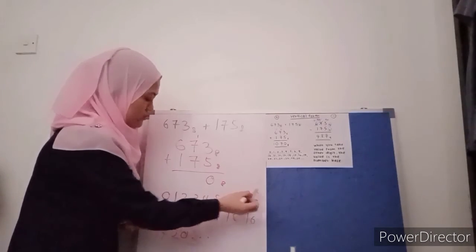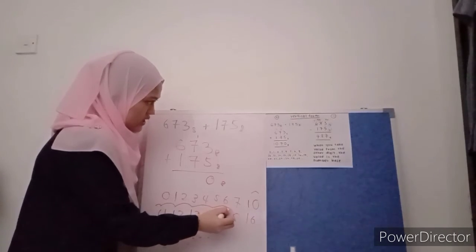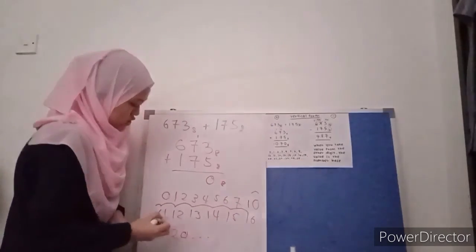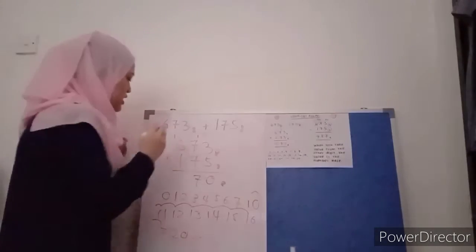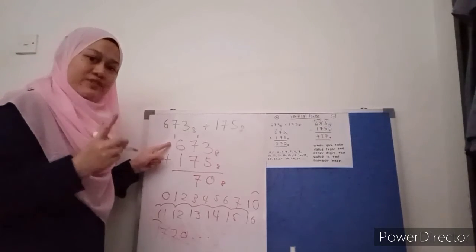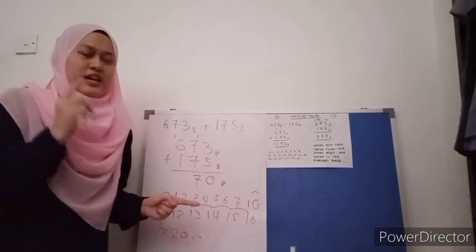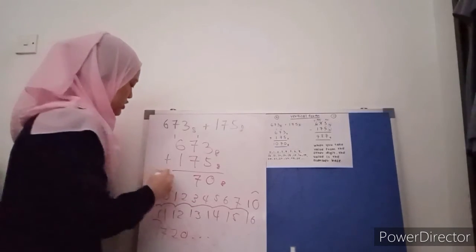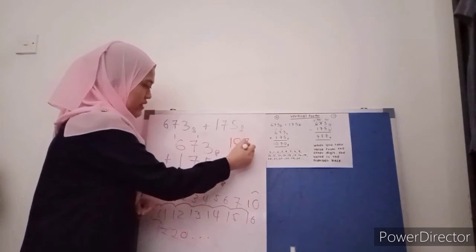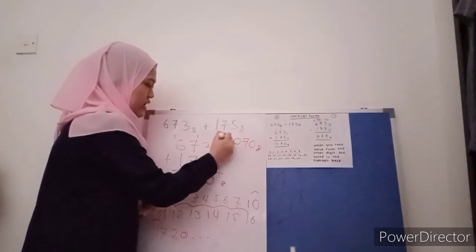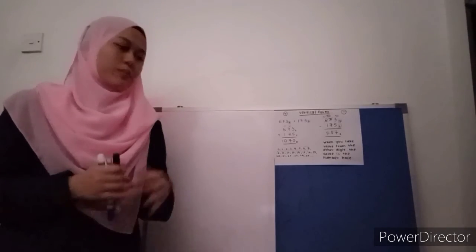So from 10, 1, 2, 3, 4, 5, 6, 7, so 8 plus 7 is equal to 17. Here we got 1 plus 6 equal to 7, 7 plus 1 is equal to 8, and 8 under number base 8 is equal to 10. So the answer is 1070 base 8.